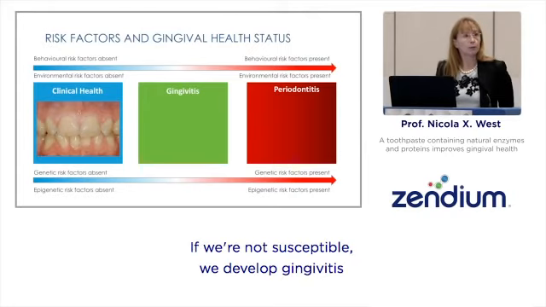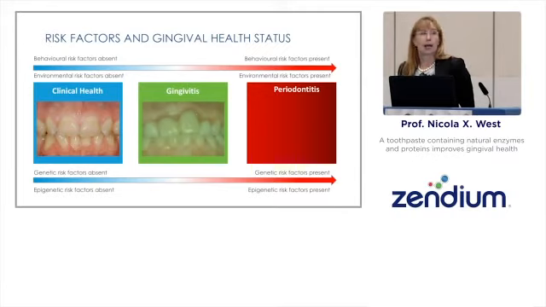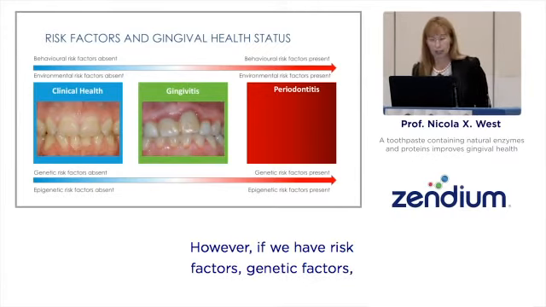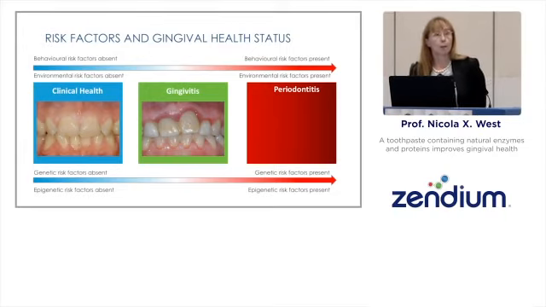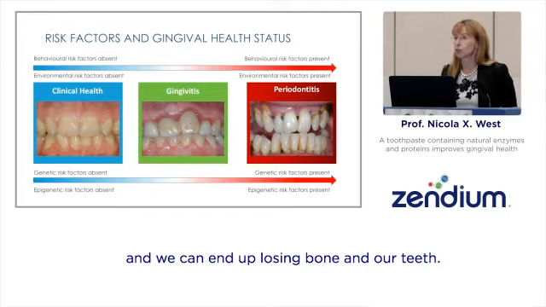If we're not susceptible, we develop gingivitis, which is self-resolving. However, if we have risk factors, genetic factors, and epigenetic factors, this can trigger a destructive response that's exaggerated, and we can end up losing bone around our teeth.